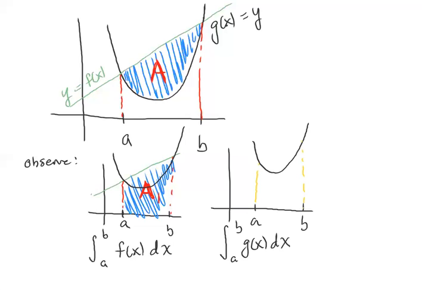I'm going to bring my graph down just a little so it looks more like the one on the left. There we go. So the integral from a to b of g of x dx gives me this area. Maybe I'll call that A2. And I'll go ahead and draw the graph of f on top of it.